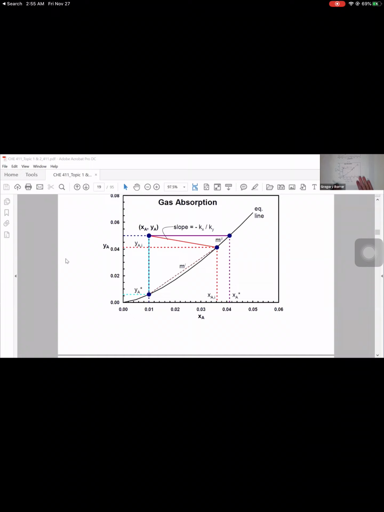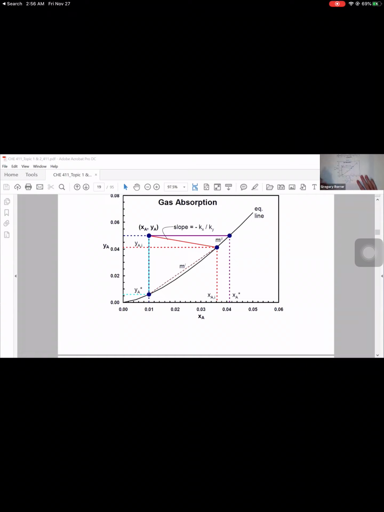And we can do the same thing down here that goes all the way from XA star minus XA, because notice here XA star is bigger than XA, because we're moving from the gas to the liquid film and then from the liquid film into the bulk liquid.